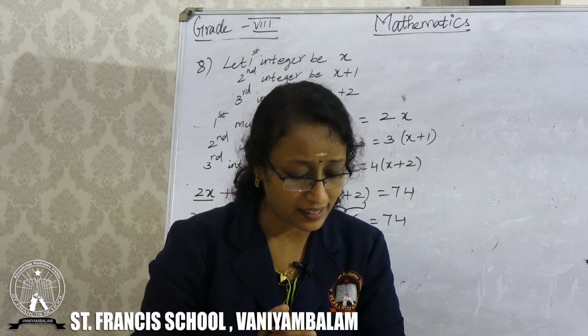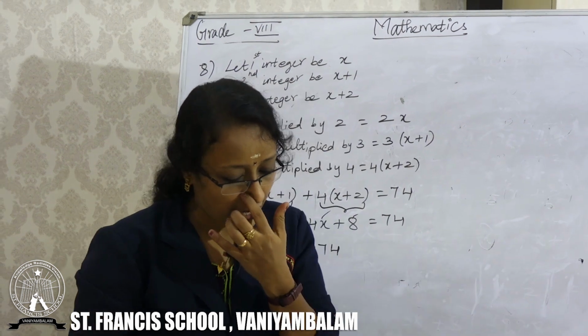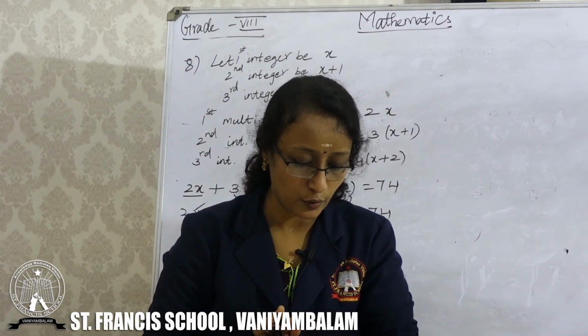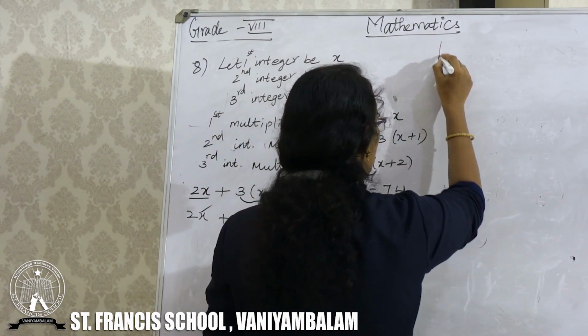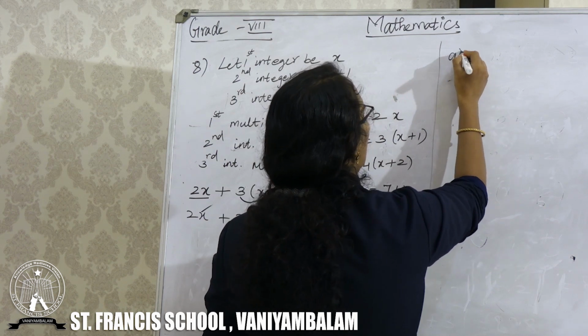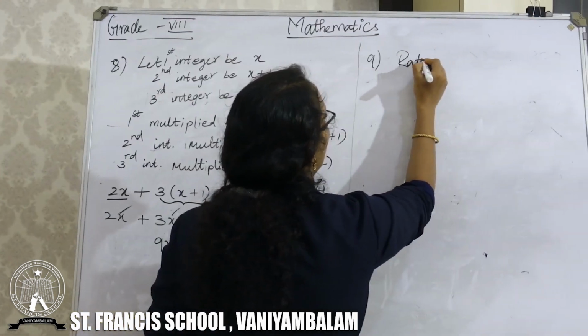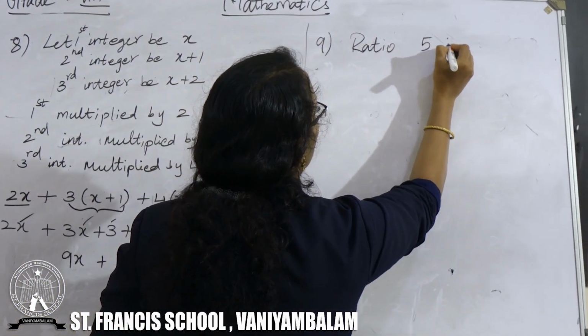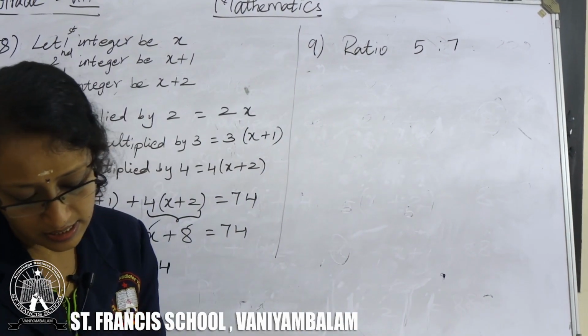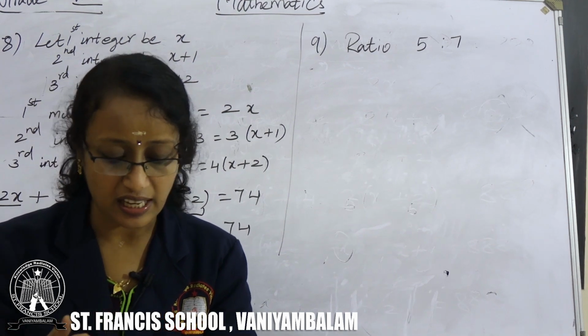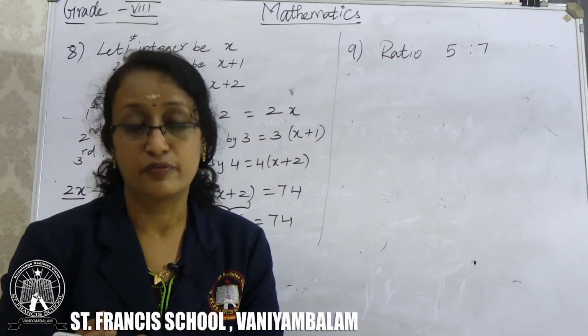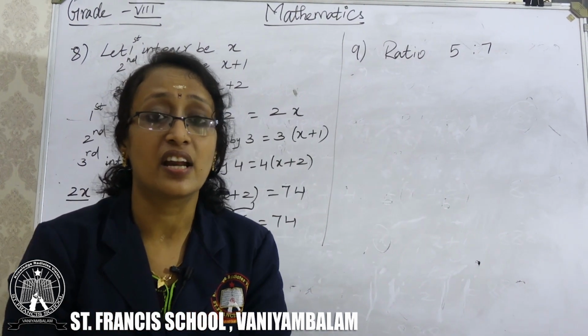Next problem, 9th problem. It is given the ages of Rahul and Harun are in the ratio 5:7. Right? Yes. 4 years later, the sum of the ages will be 56 years.